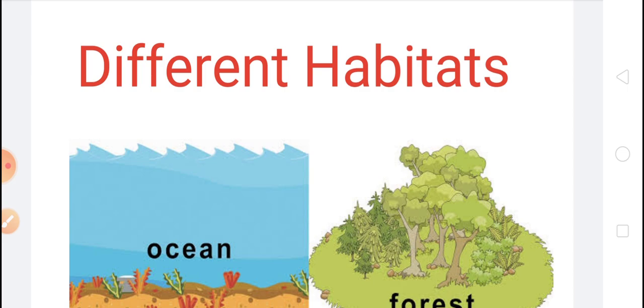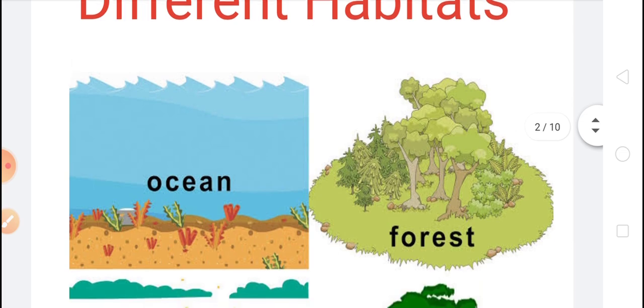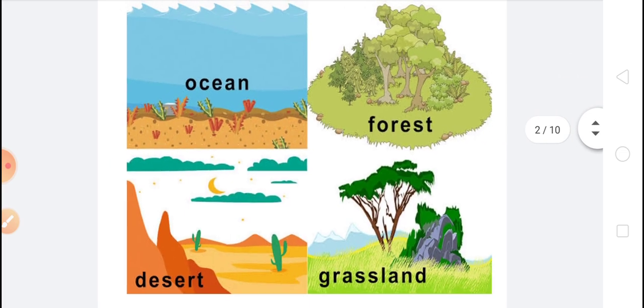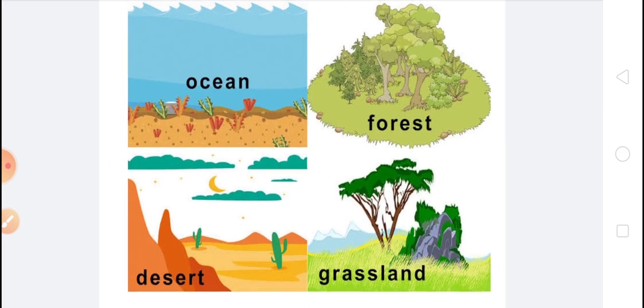Habitat is a place where an organism can get food, shelter, and climatic conditions best suited for it to survive, breed and flourish unharmed. In other words, every living organism needs a home or a habitat.